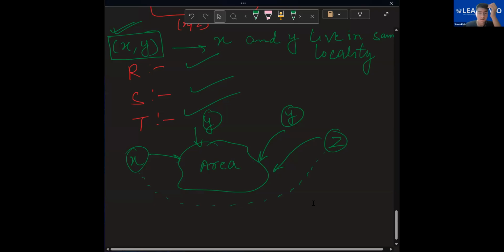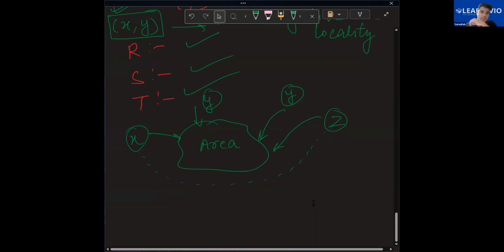Do you have any example in your mind, any general example, where transitive is not possible? Any case that is not transitive? You can take some case from your relations, father, grandfather.